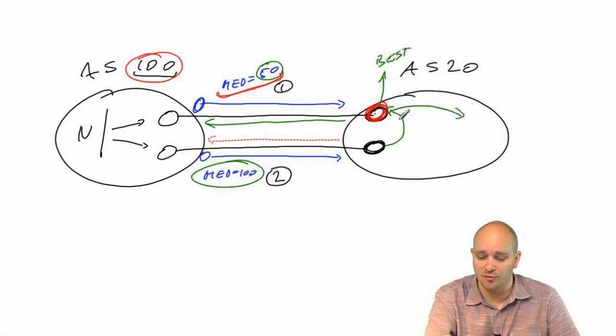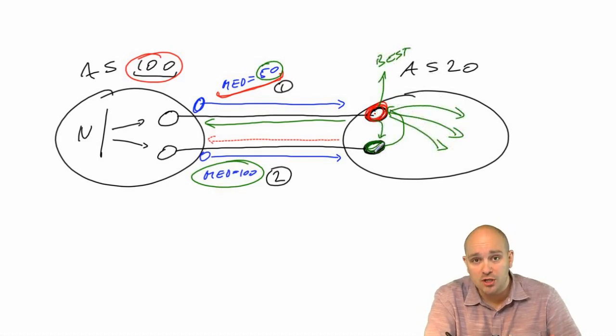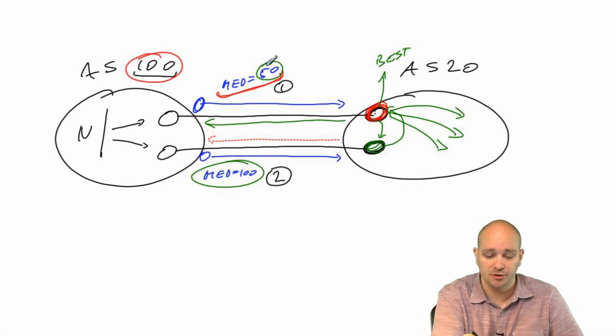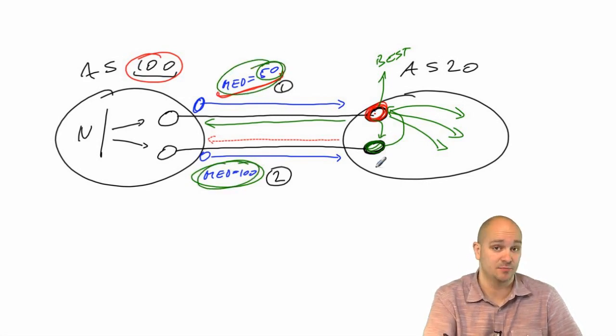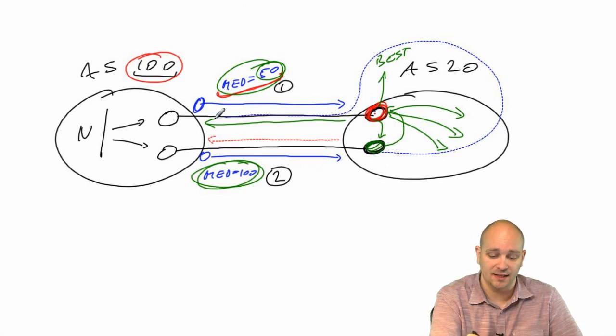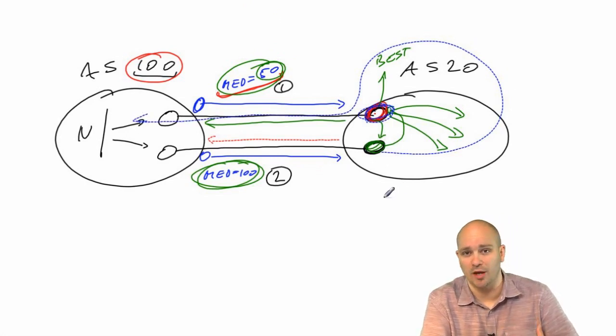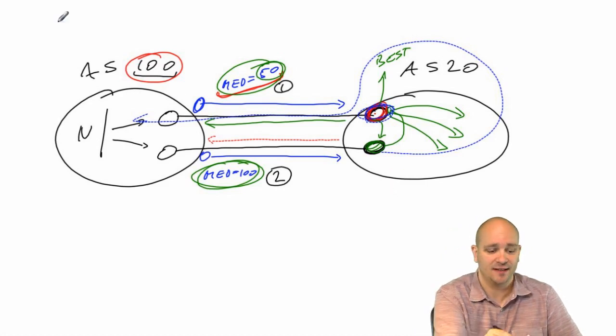And this is going to be the route that is going to be advertised inside the autonomous system, and also to this router here, which is going to prefer the route with MED 50 over MED 100. So when we have some traffic to send to network N, even from this router here, we might end up sending this through our router here, because this is where MED has taken effect.